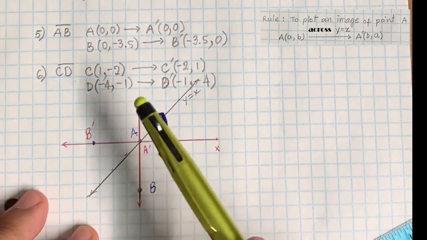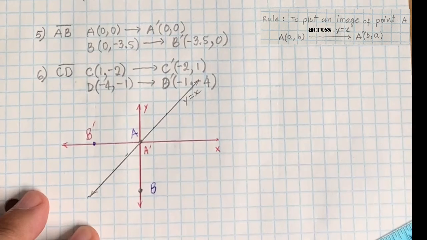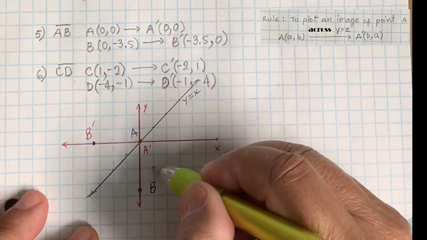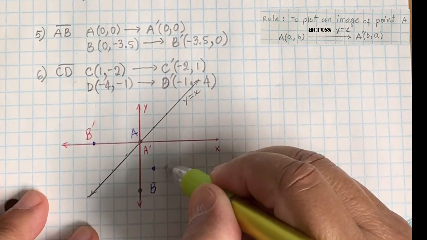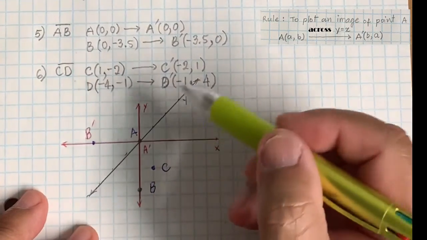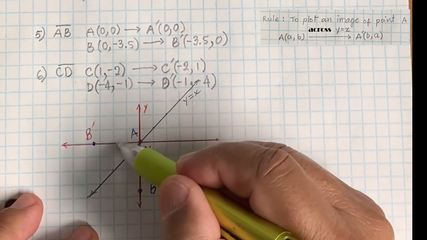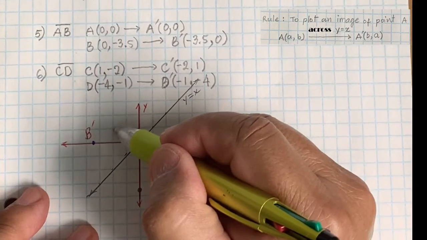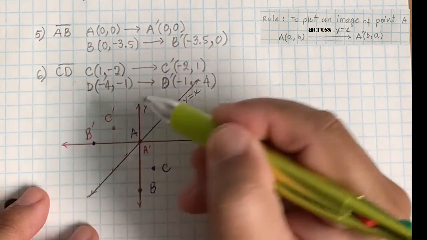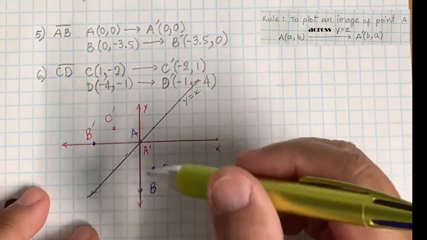Now for problem 6, C is (1, -2). So right here, that's C. Well, C prime is going to be (-2, 1). So 1, 2. That's our C prime. Now D is going to be (-4, -1).